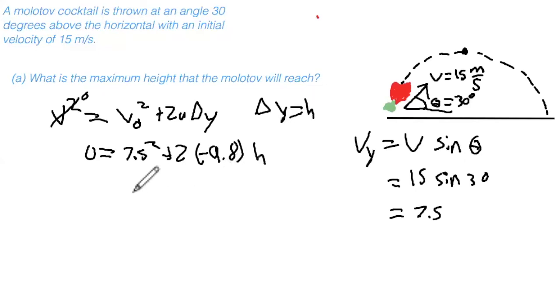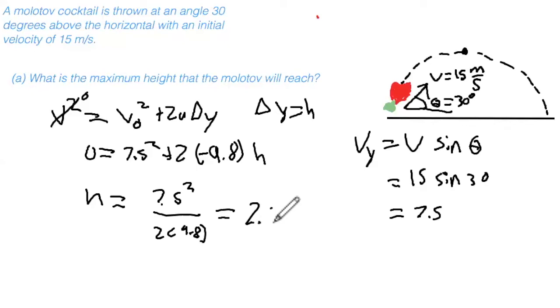Solve for h. Just move this term over to the left and then divide both sides by this term. The answer is going to be 2.87 meters. So the maximum height that the Molotov will reach will be 2.87 meters.